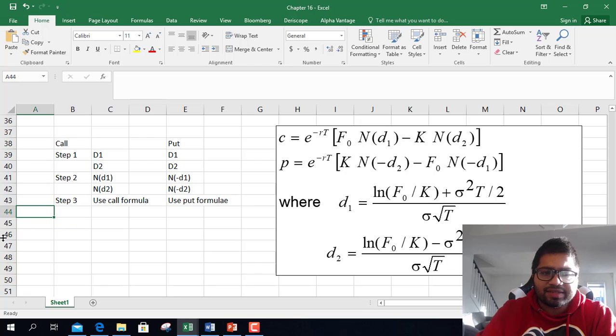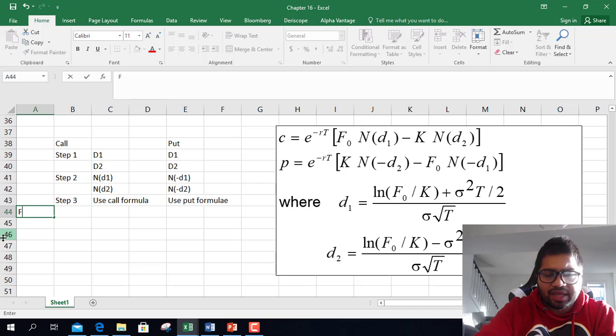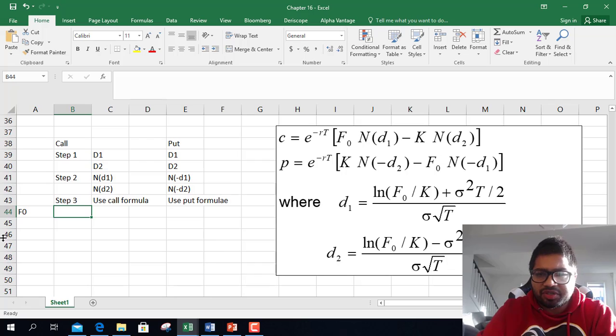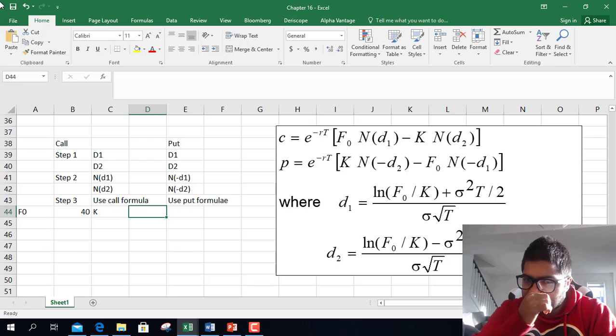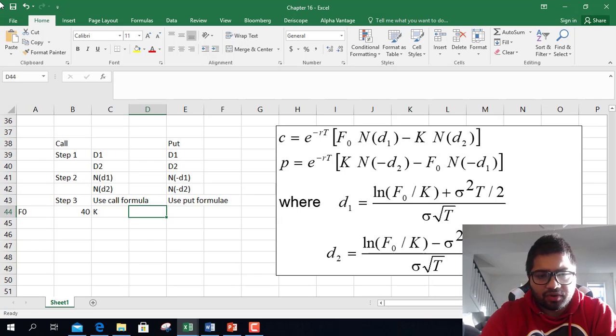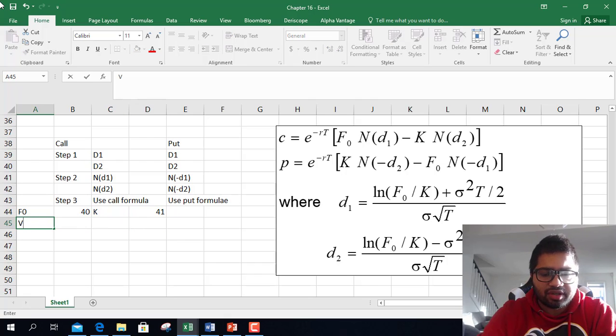So let's say the following things are given to you. F0, the futures price, is given. Let's say that is $40. Then K, the exercise price, is given. Let's say the exercise price is $41. Volatility of the stock is given.